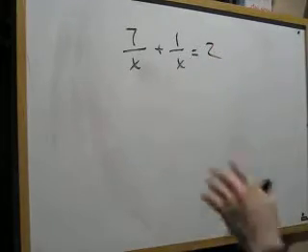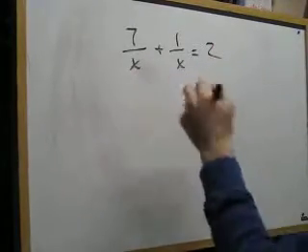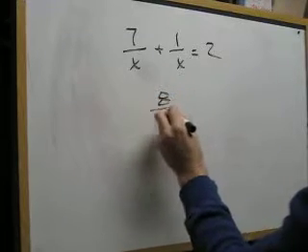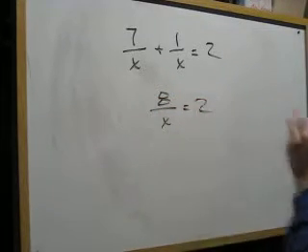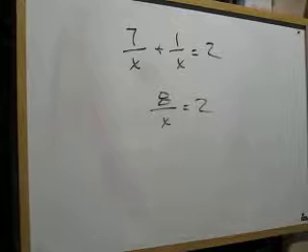Okay, now we have common denominators, so we can put those together and get 8 over x equals 2. Okay, so when we have 8 over x equals 2, it looks like the book might be going into something new that they really didn't go into very much.